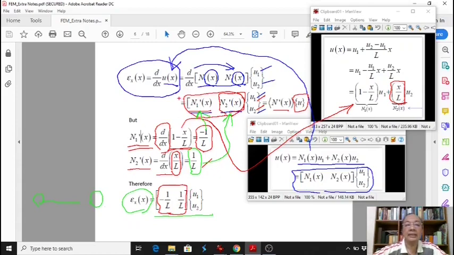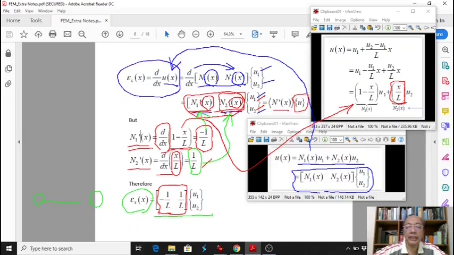The strain is the differentiation of N1 and N2, which could be a function of x, but for the two-node bar element the x term is lost.